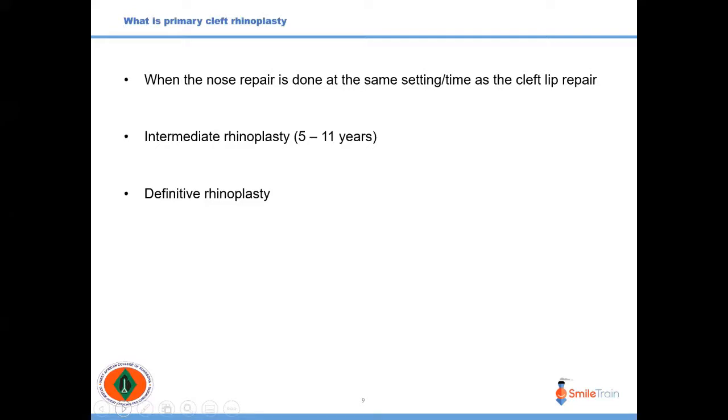When the nose repair is done at the same setting or at the same time as the lip repair, it is termed a primary cleft rhinoplasty or primary nose repair. Certainly, there could be other times. So we have intermediate rhinoplasty, usually between 5 to 11 years, and definitive rhinoplasty.